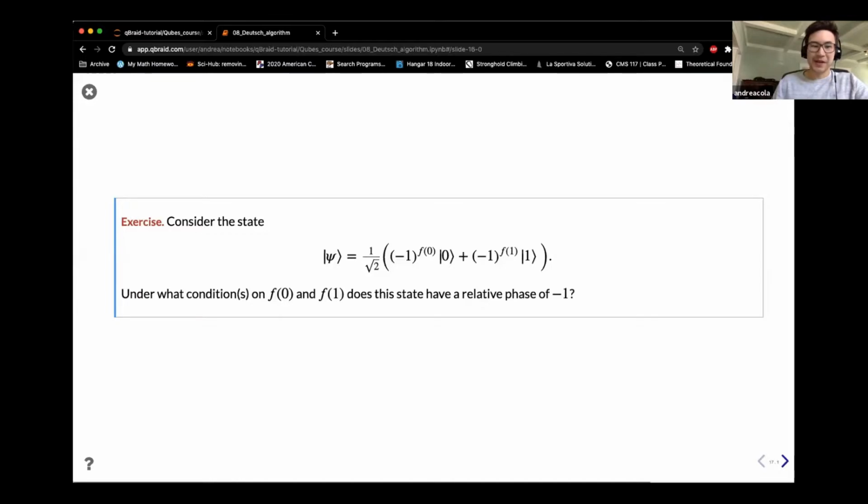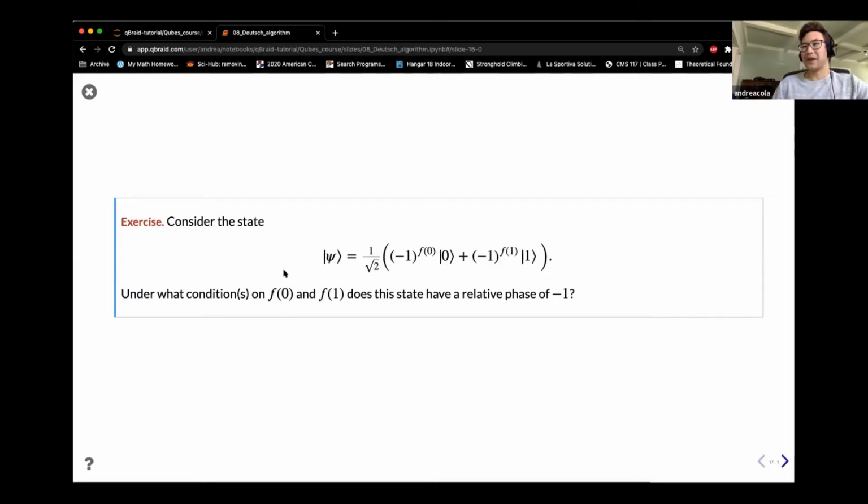So exactly. Anjali is saying f needs to be balanced. So either f of 0 is 0 and f of 1 is 1, or the other way around: the first value is equal to 1 and the other is equal to 0. In other words, what Anjali is saying is correct: the relative phase in this state will be -1 if and only if the values of f of 0 and f of 1 are different.